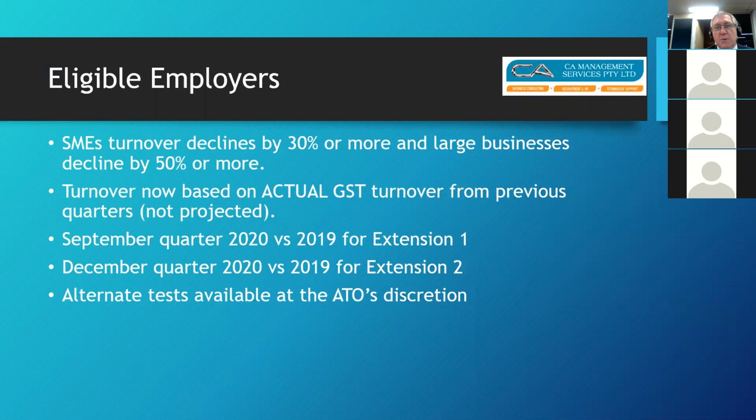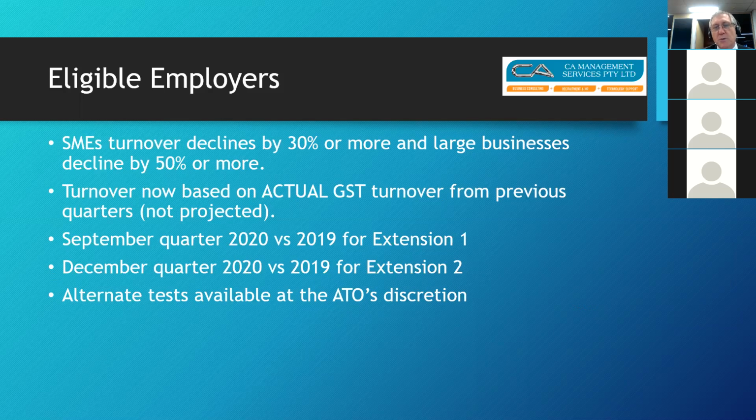To be eligible, it's very much the same as previously. You needed to have your 30% downturn, or if you're a bigger business, 50% downturn. The big change is the comparison, what you are comparing against. In the previous JobKeeper 1, you only had to do it for 1 month out of the 6 months to prove that you were down by 30%.